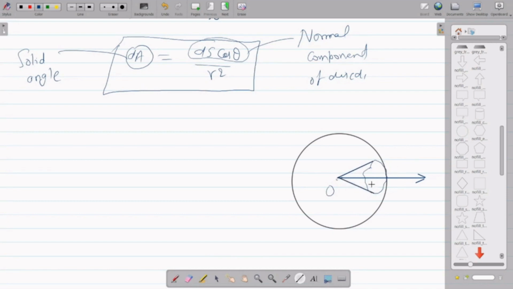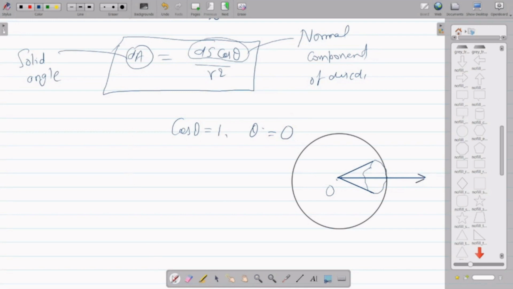In this way you complete a cone, right? So if you want to apply this equation, you can say that cos theta is equal to 1 because theta is 0 degrees. Why is it 0 degrees? Because both the normal to this surface element and the line of sight are along the same direction.